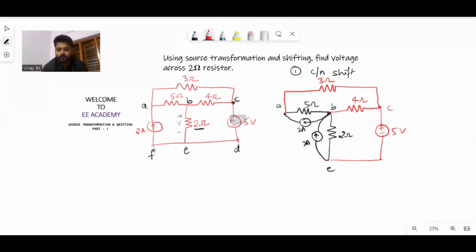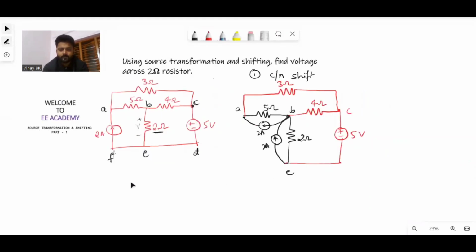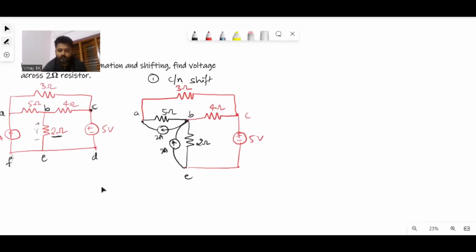Next, I will shift the voltage source. Later we will do the calculation. With the same circuit diagram, I am shifting this 5 volts into the C to B branch and the C to A branch.